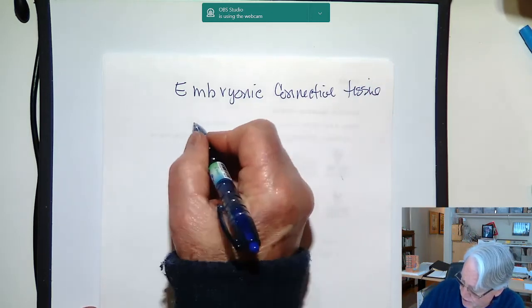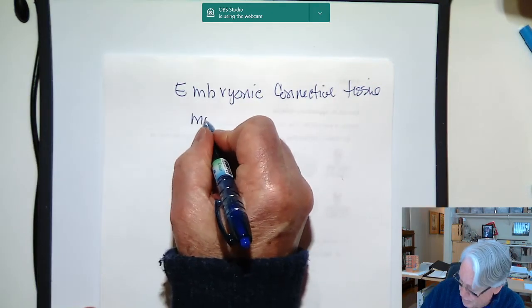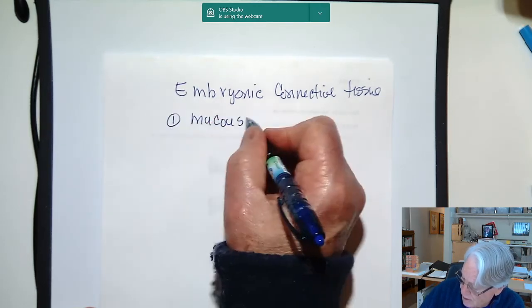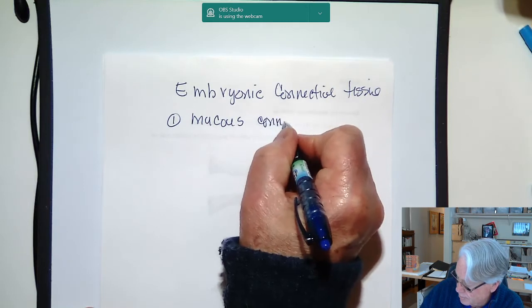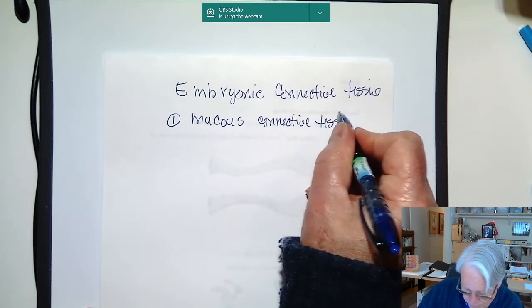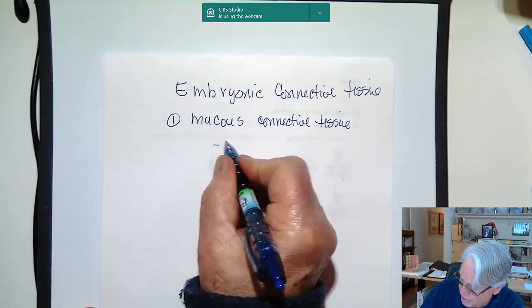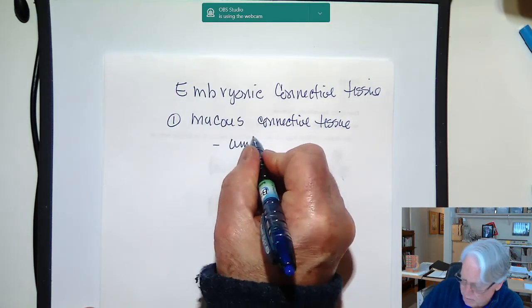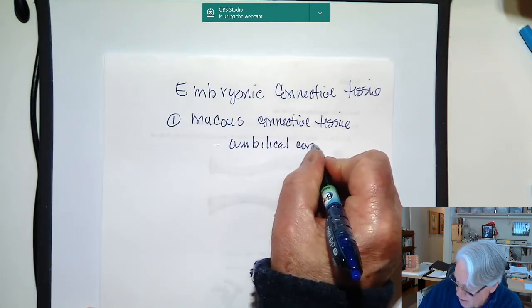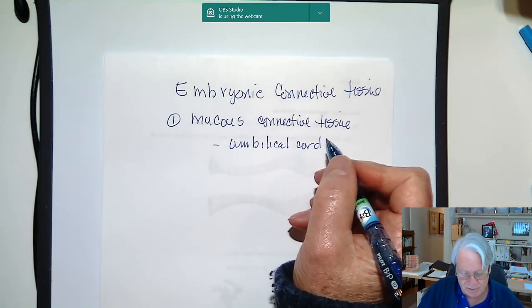And we're going to start with mucus connective tissue. And we're just going to say that this is the umbilical cord. And that is all about what we're going to say about it.